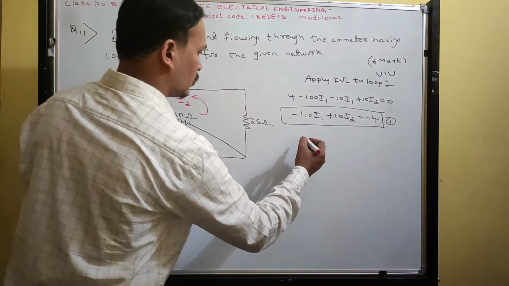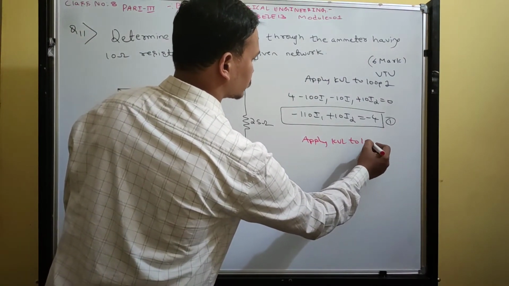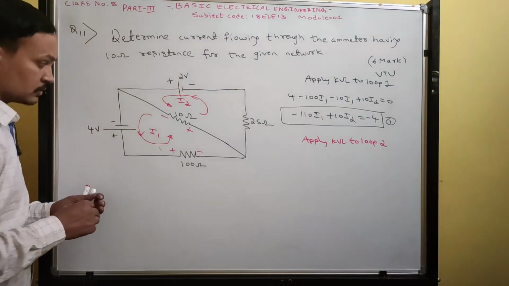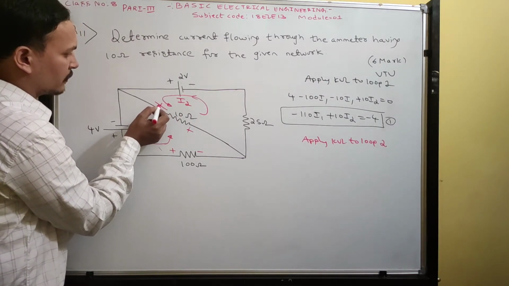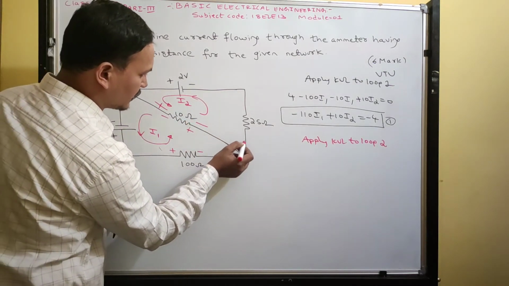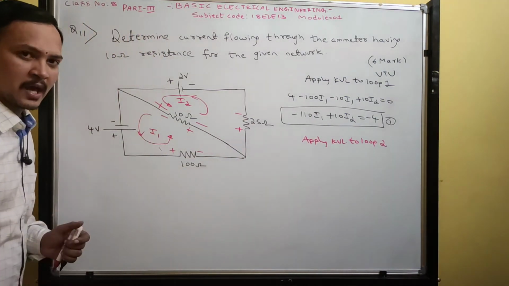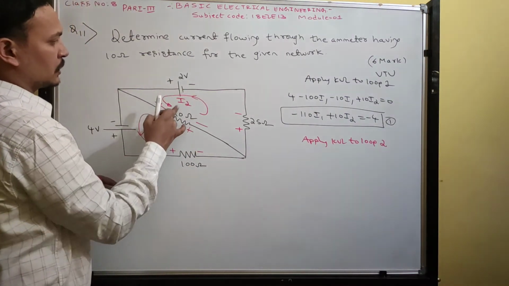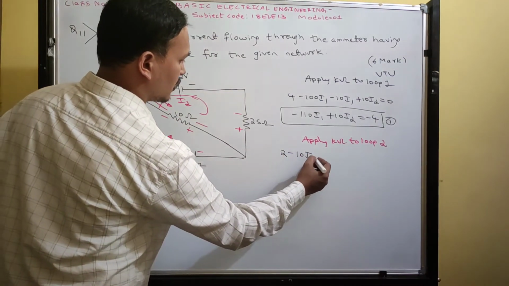Okay, now apply KVL to loop number 2. Before that, mark the sign convention. Now I am marking the polarities. Current is entering the 10 ohm resistance, plus, leaves minus, and this current enters here, mark plus, leaves negative. Now forget about the loop 1 polarities. Now apply minus to plus, starting from here. See the direction of I2: minus to plus is a rise, plus 2. Plus to minus is a drop, minus 10 I2.